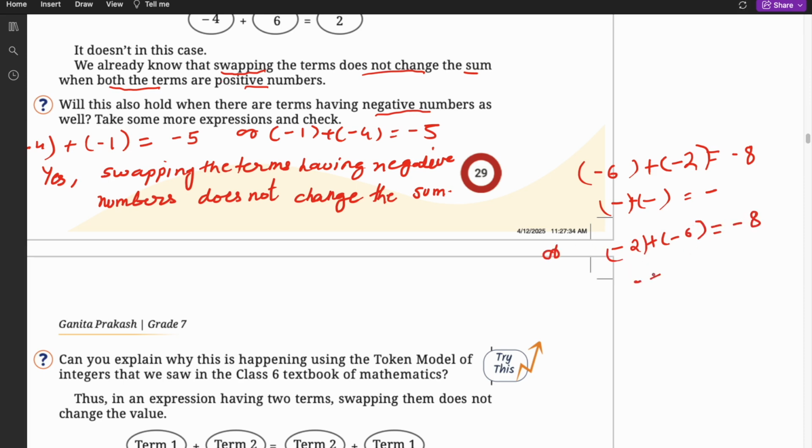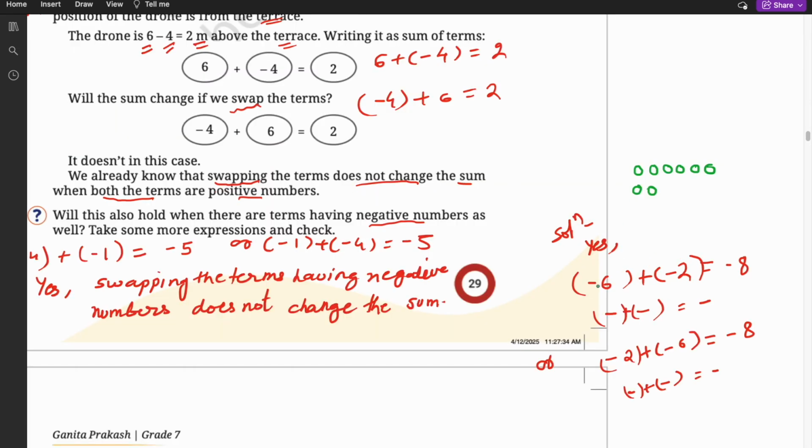So here also minus plus minus is minus. So yes, we have explained why this is happening using the example. -6 और उसमें हमने add किया -2, which is equal to -8. In the same way, -2 plus -6 gives you -8.